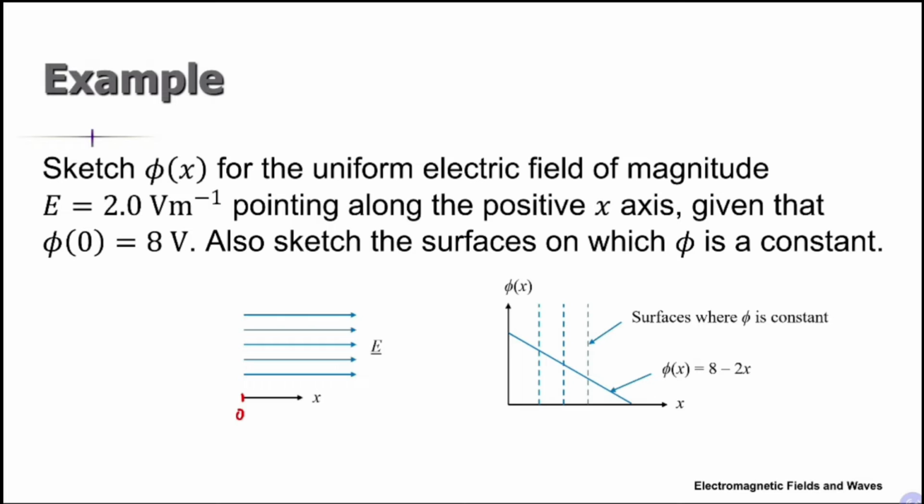And then the surface where you have a constant phi. If you substitute x equals 1, you get phi 1 equals 6, phi 2 equals 4, phi 3 equals 2, and then phi 4 equals 0. Okay, so that is your x equals 1.